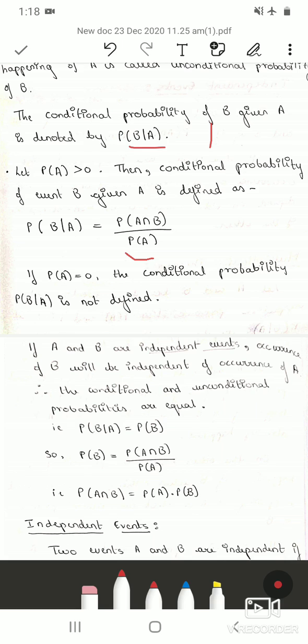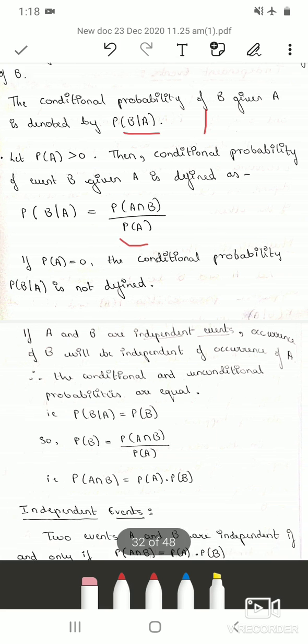And if probability of A is 0, then the conditional probability of B given A is not defined.